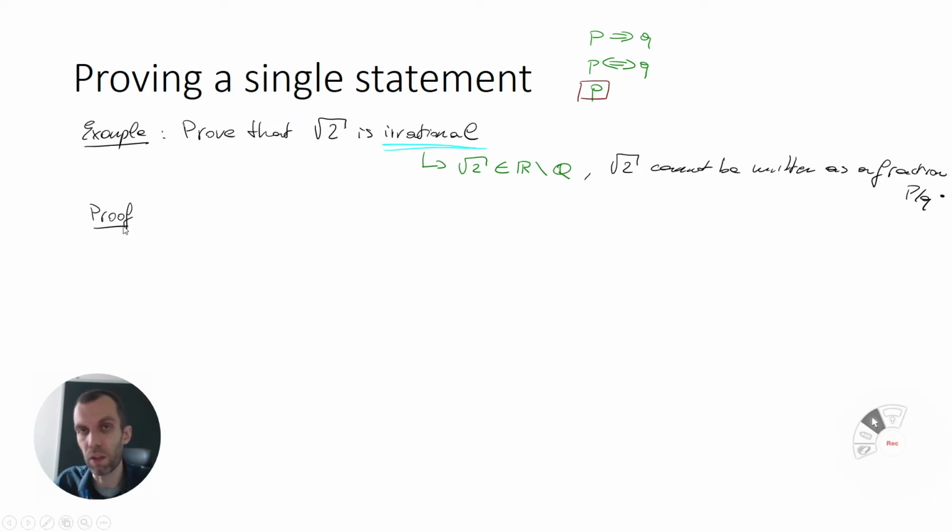And so many of the proof techniques that you've already seen can be applied here as well, because basically what you have is, and I should maybe state it as a general property, a single statement is basically also an implication.